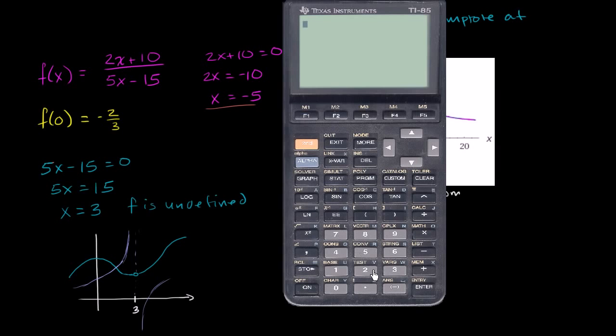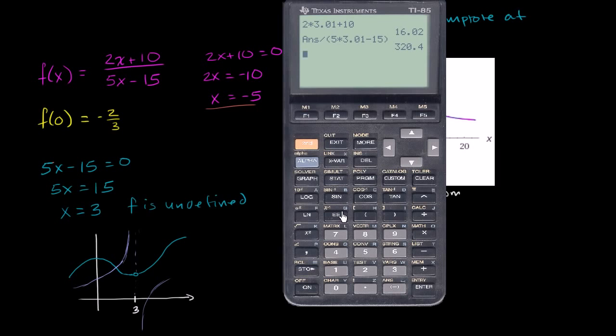So for example, you could get your calculator out and you could try, let's say, 3.01. So if you say 2 times 3.01 plus 10, well, that's the numerator. And then I'm going to divide the numerator by 5 times 3.01 minus 15. It gets us a fairly large number. It's kind of exploding on us.